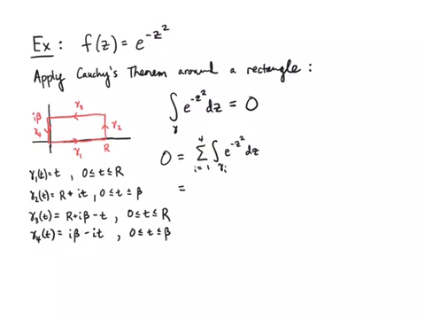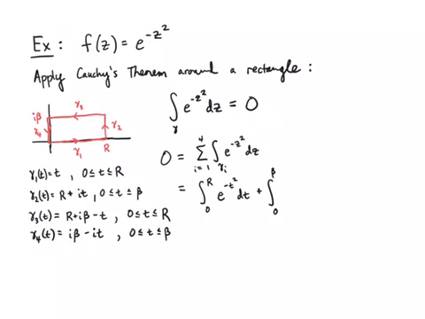The integral for gamma 1 looks like the integral from 0 to r of e to the minus t squared dt, because gamma 1 prime is just 1, so there's nothing additional on that integral.